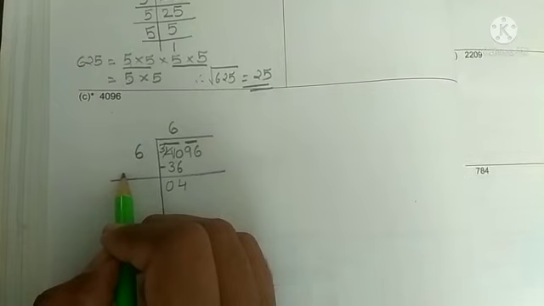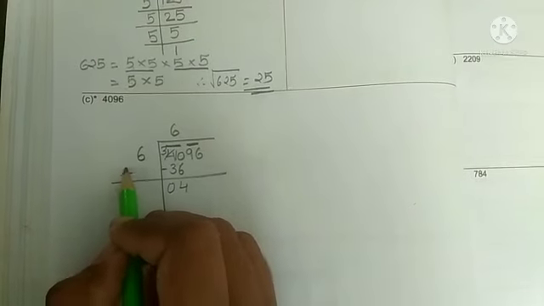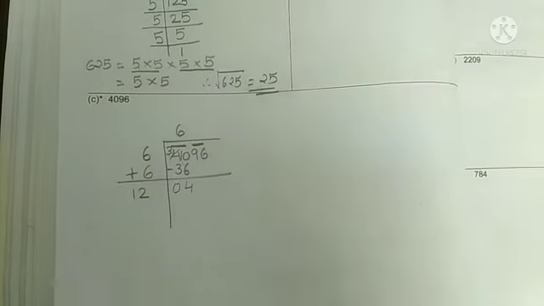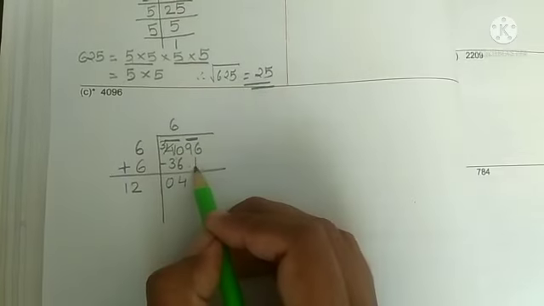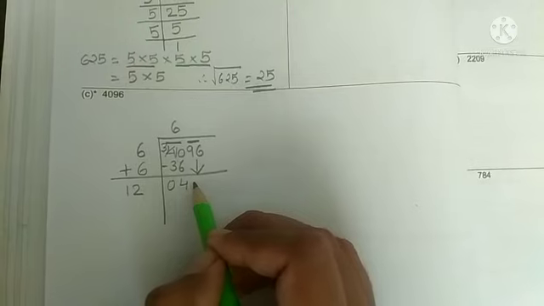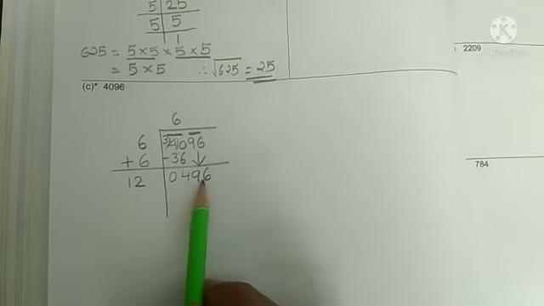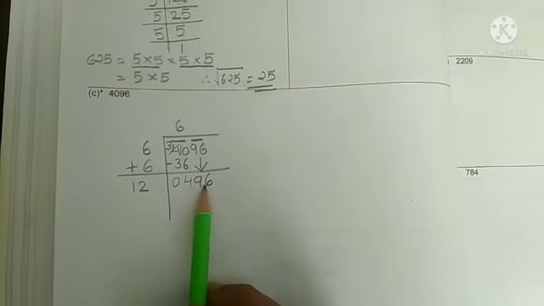Now on the left hand side you have to add again 6. So 6 plus 6 you will get 12. Clear? Now this 96, the other pair, we have to carry down over here. Understood? So it will become 496. Understood?